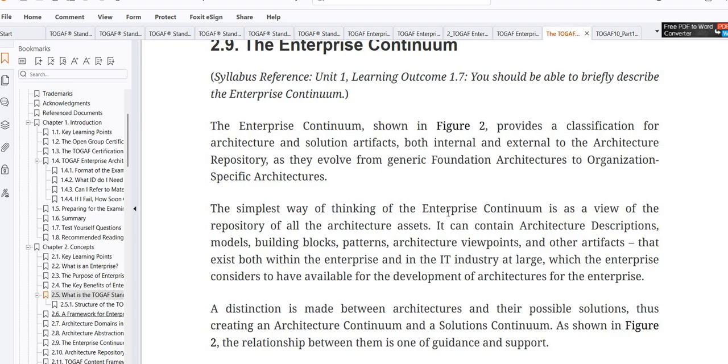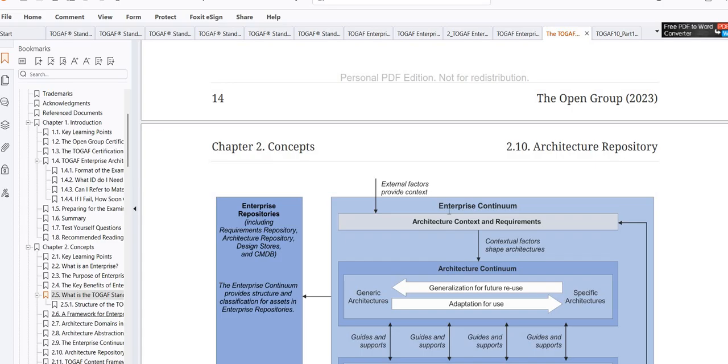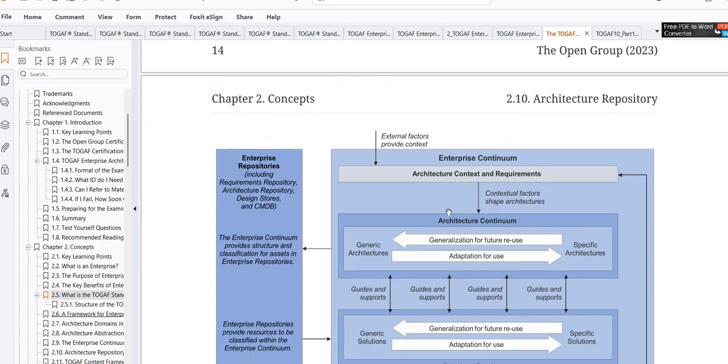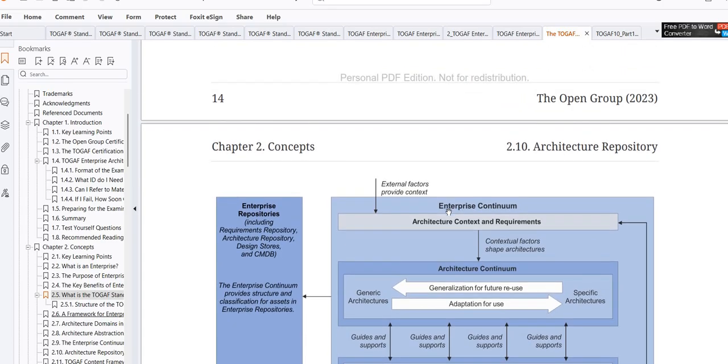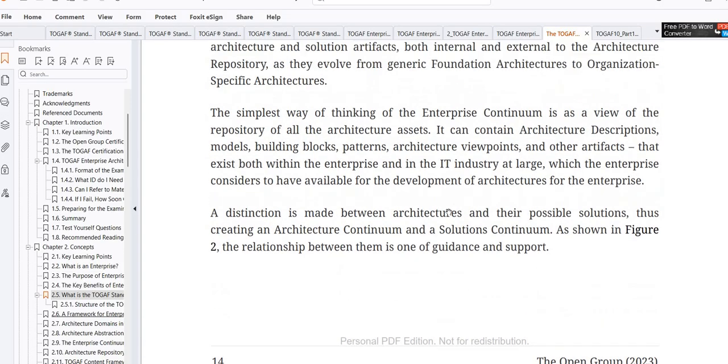The architecture repository is also a very important concept with heavy weightage in the exam. They will show the diagram and ask what it represents, either the enterprise continuum or the enterprise architecture repository. They will ask questions like that.